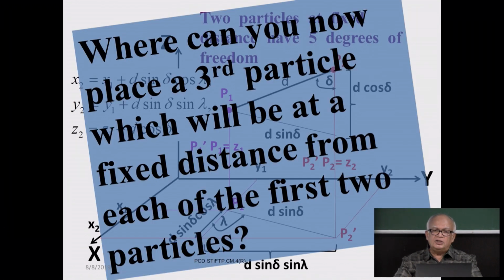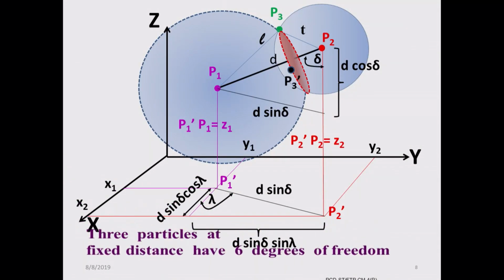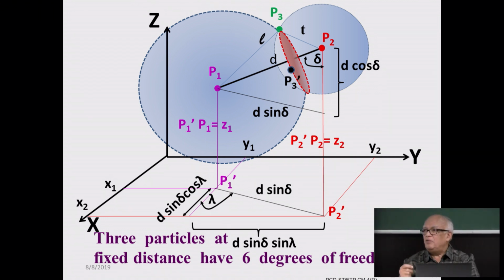Okay? So we construct these 2 spheres. This is the question we are trying to address: where can we place this third particle? And we determine the intersection of the spheres, and the intersection will be this circle. Okay? And on the circumference of this circle, you can place this particle anywhere.